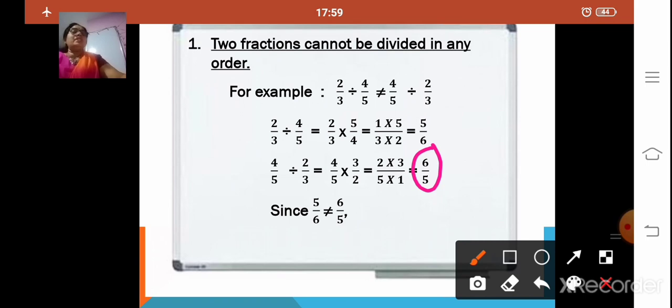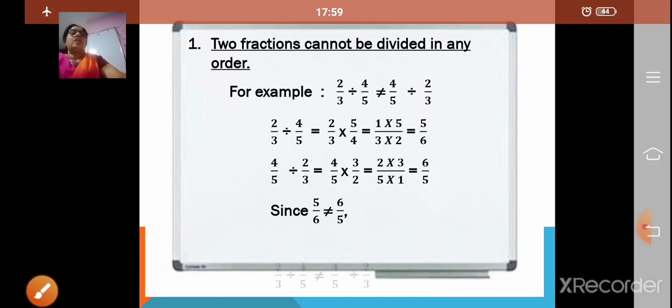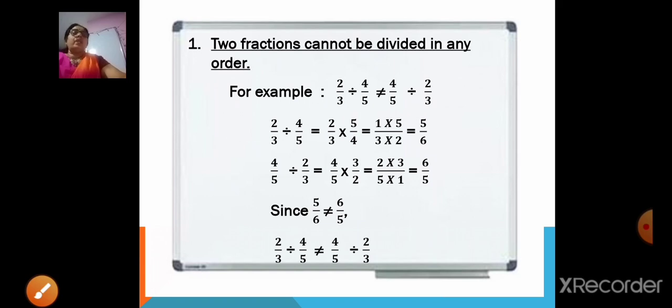Since 5 upon 6 is not equal to 6 upon 5, we can say that 2 upon 3 divided by 4 upon 5 is not equal to 4 upon 5 divided by 2 upon 3. In addition, we could change the order and add, but in fractions we cannot change the order and divide.